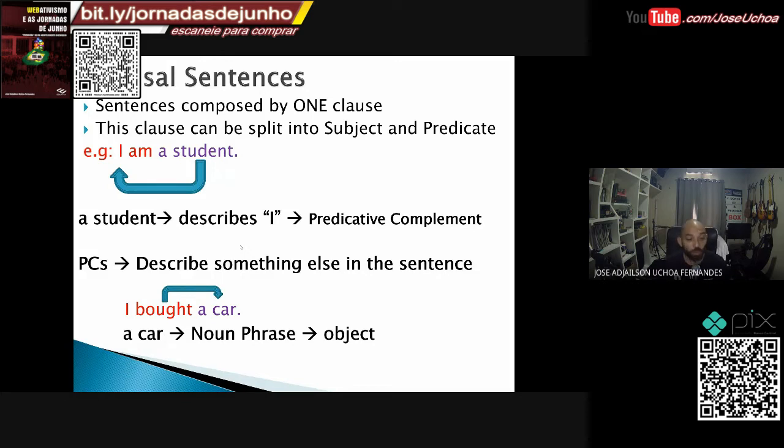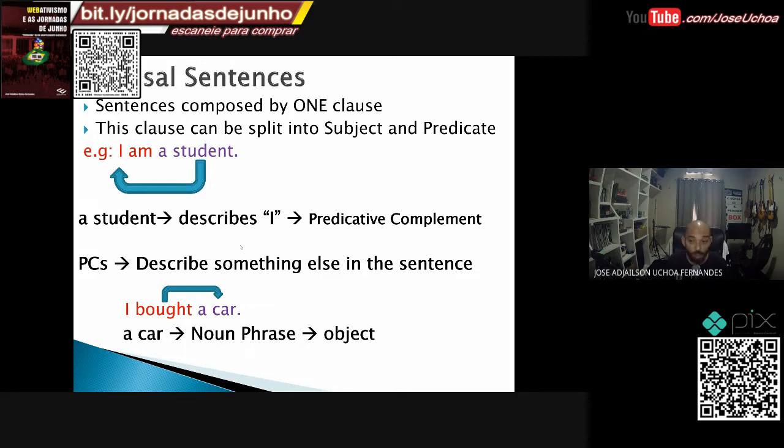Because we are used to define verbs as the action. But some verbs are action words and some others are state of being words. And that's my point in this slide. I'm trying to show you that when we have a verb that is a state of being, what comes after it as a noun phrase is, instead of an object, a predicative complement. Okay?